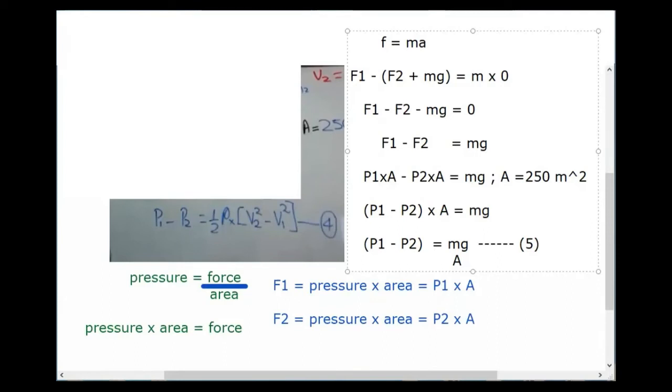Until others are writing the equation, somebody tell me equation number 4. Somebody please tell me.